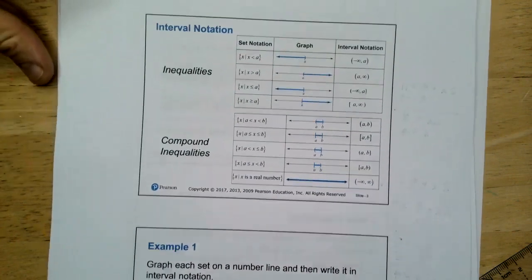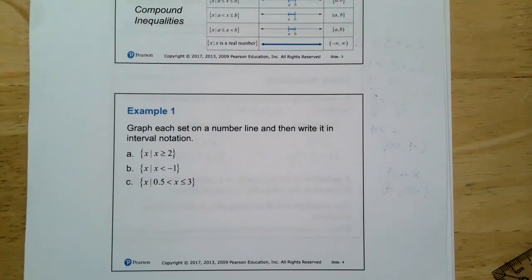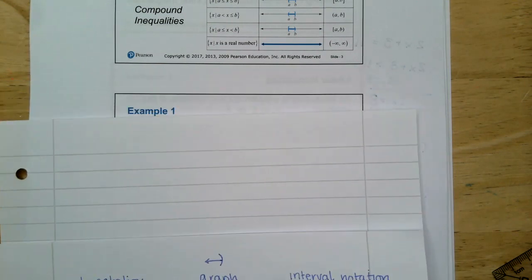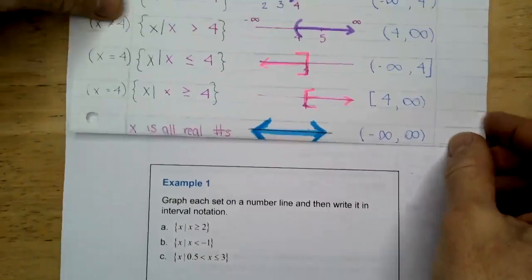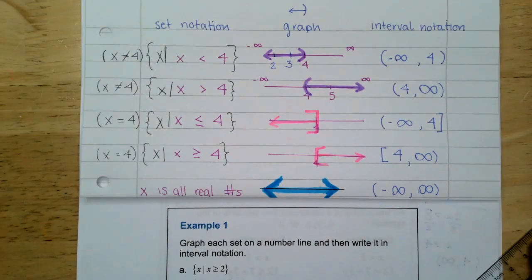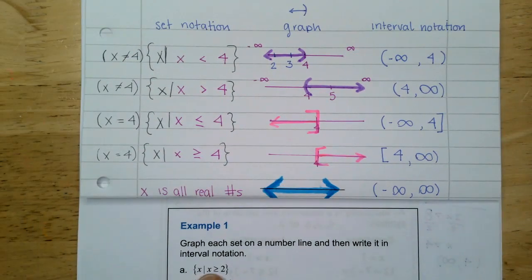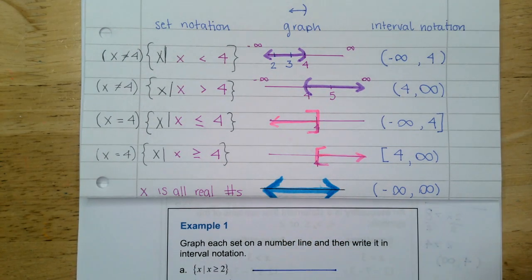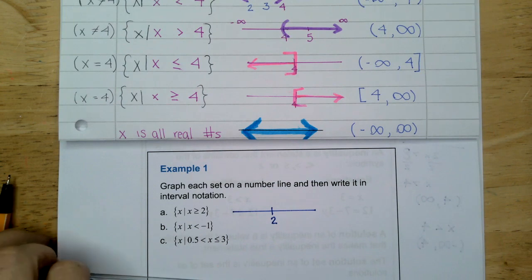So graph the set on a number line and write in interval notation. If you wrote this down with me, I would just have it near you. Good, little answer key. X such that x is greater than or equal to 2. As long as you have a 2 on your number line, you don't really need anything else necessarily, all right? Greater than or equal to 2.